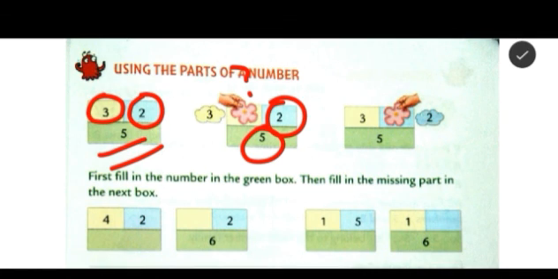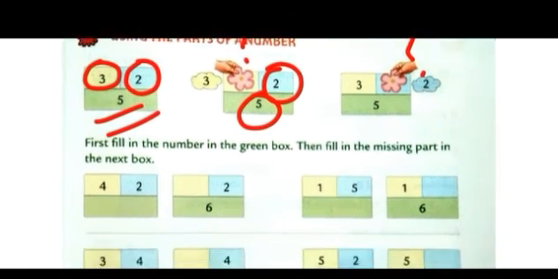So, you see this one, 2 and 5 is there. 5 minus 2 is 3. So the remaining number that is left will come here, that is 3. Suppose they are asking to fill in the missing box, this one, 3 is there, 5 is there. 5 minus 3 is 2. So this is the way we can solve these.